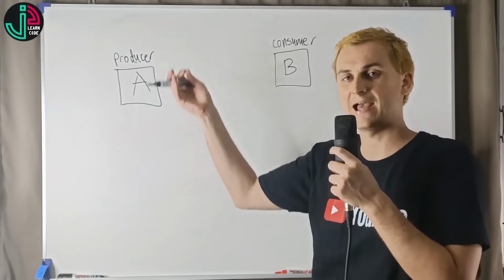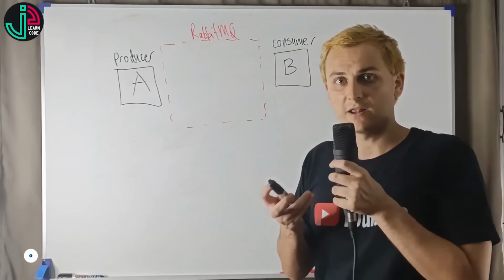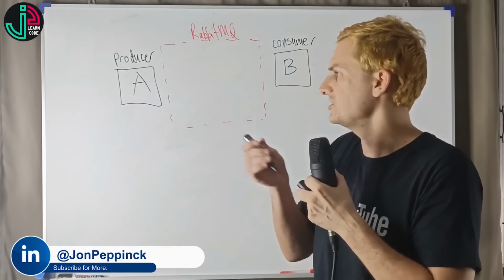And I'm just going to put this red box around everything here, just to indicate that this is essentially what RabbitMQ is. This is where the message broker side of things comes into play. So the way RabbitMQ works is the producer creates some sort of message.